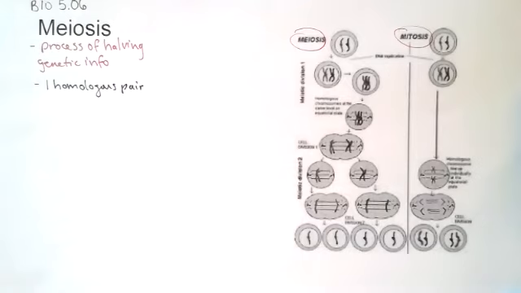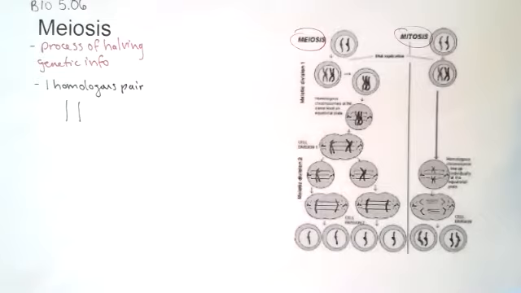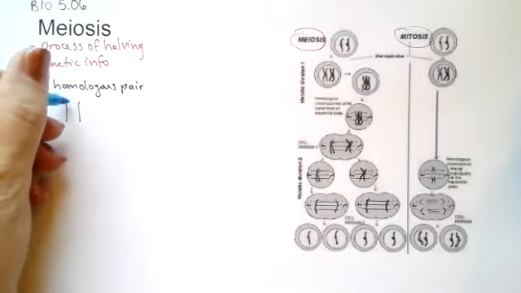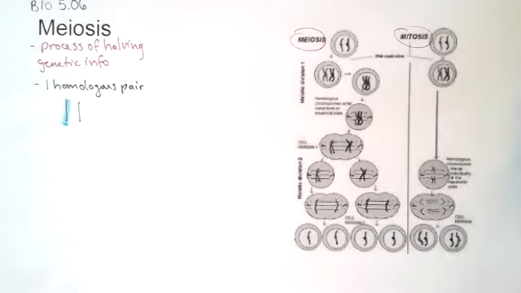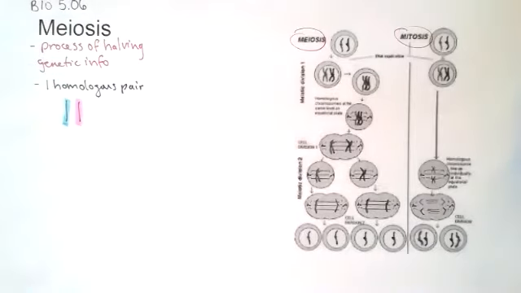I'll usually do a dark blue and a light blue, but in this case I'm going to use different colors to help us keep track of our chromosomes. I'm going to do one of the chromosomes in blue highlighter and one in pink highlighter, but this is a homologous pair.